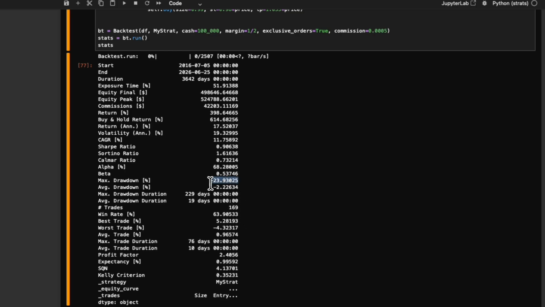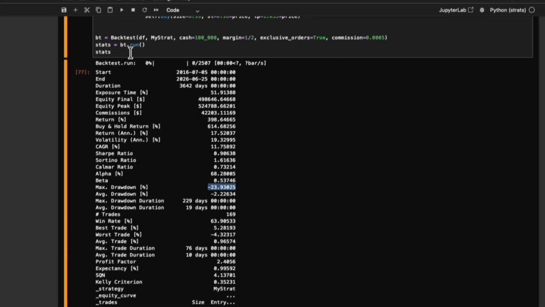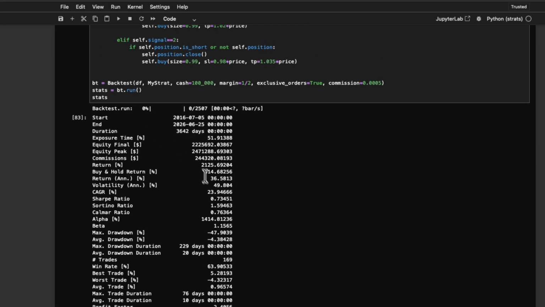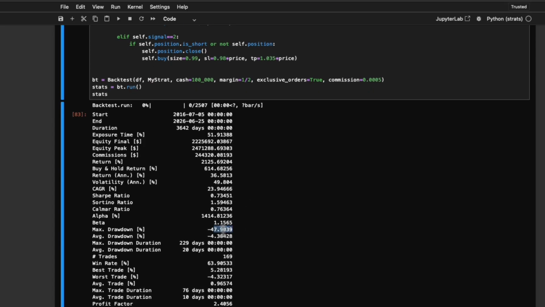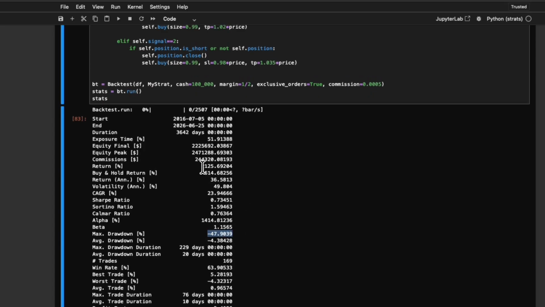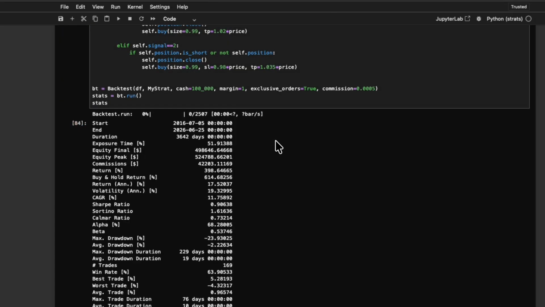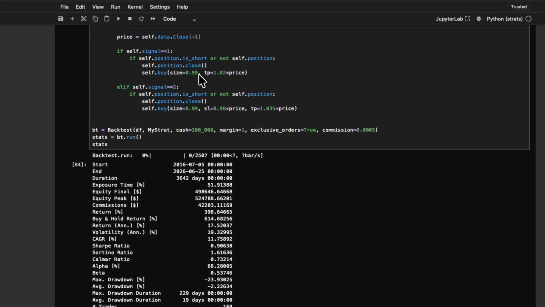But the drawdown is going to just about double. If you ran that again and used 2-to-1 leverage on that strategy, your drawdown would move to 47%, but you would make 2,000% on the market. I would not advise leverage on this particular one, even though I never do. But if you're going to do that, you'd want to have a stop loss here.